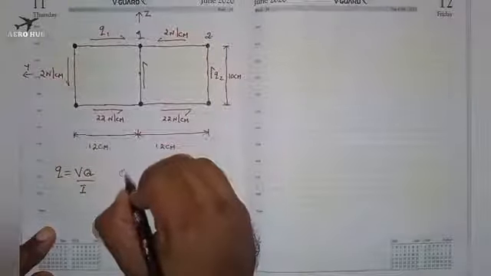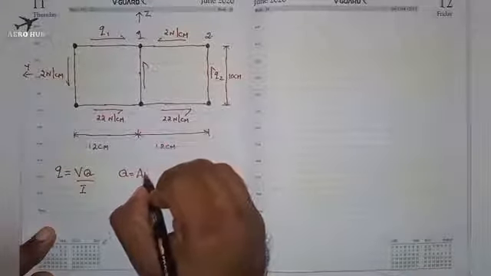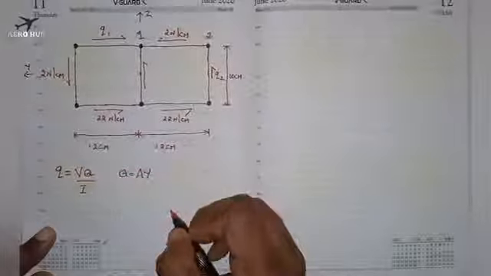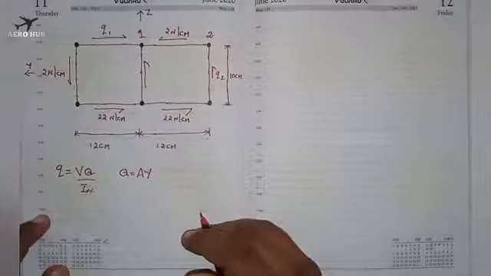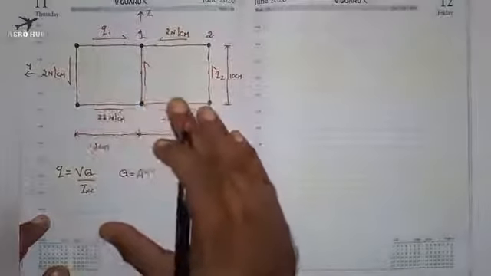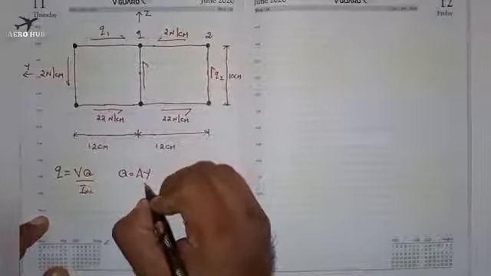And Q, if you remember, is area into y, if it is Ixx. These are the important formulas you have to remember here.